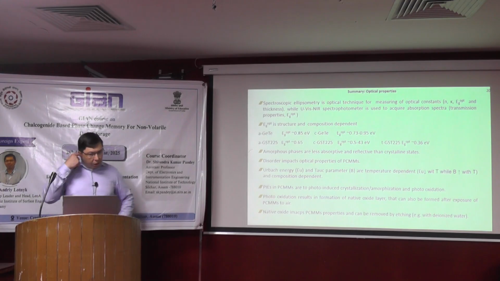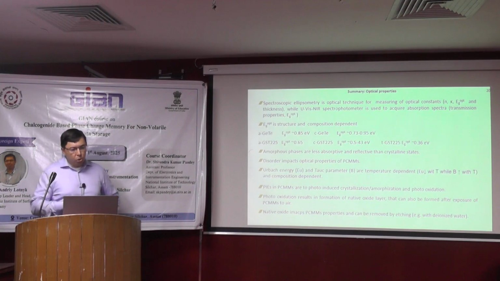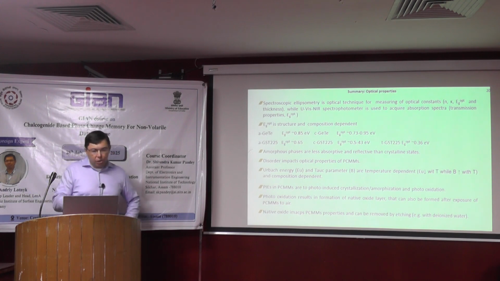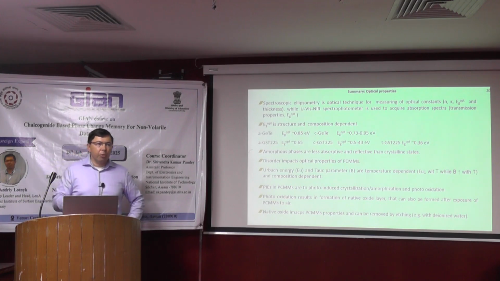Photooxidation results in the formation of an oxide layer, which can also be formed after exposure of PCM to air. And this native oxide can be removed by etching, for example using deionized water.